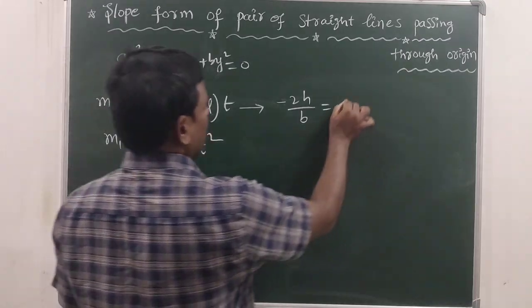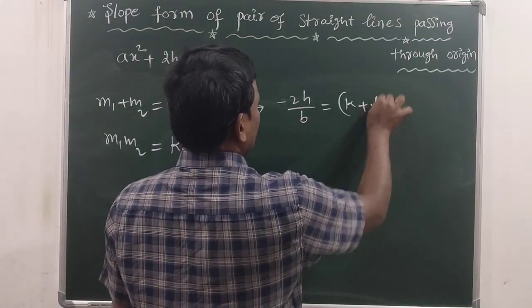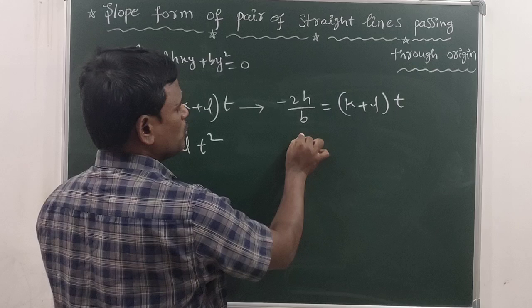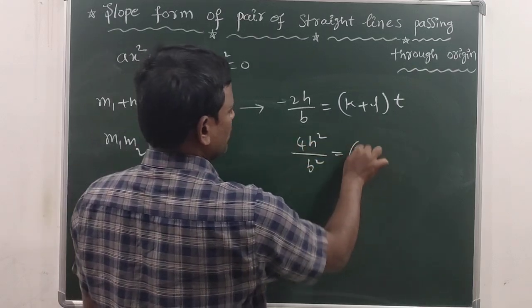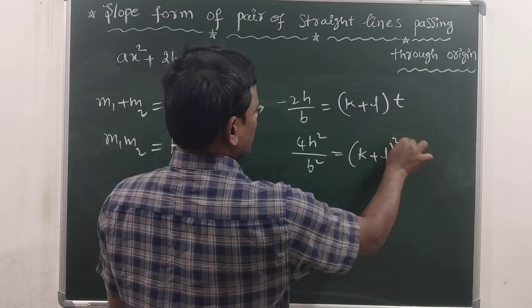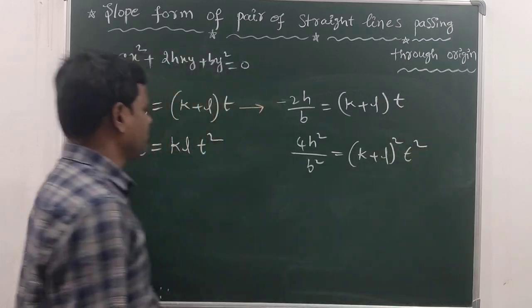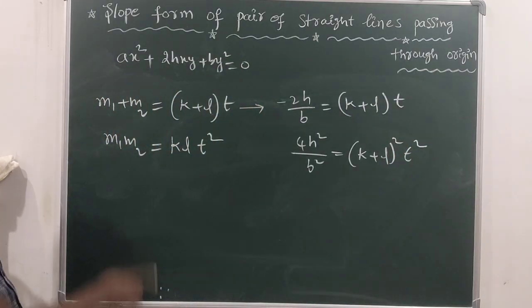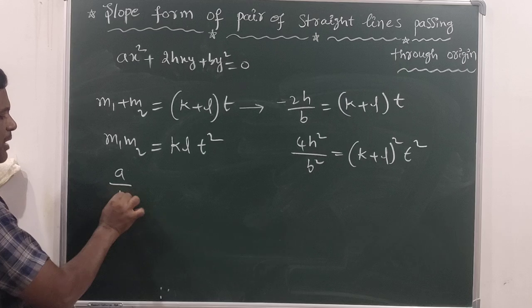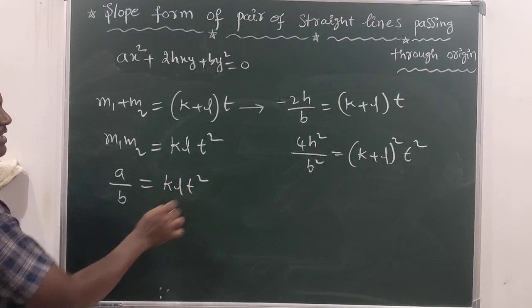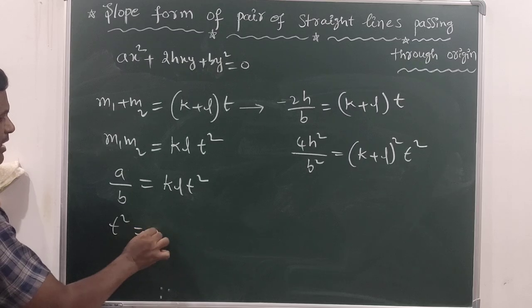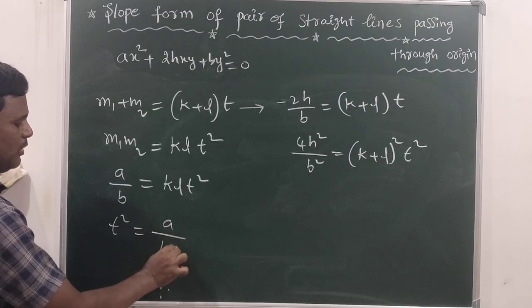So (k plus L) into t. Now square on both sides, you get 4h square by b square is equal to (k plus L) whole square into t square. Here m1 m2 is nothing but a by b, so KL into t square. Make t square common so that you get a by b into KL.